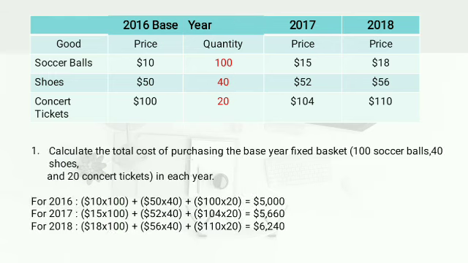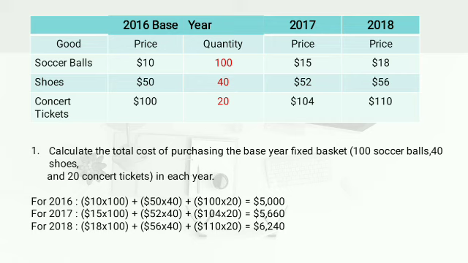Next is the example question. Calculate the total cost of purchasing the fixed base basket of 100 soccer balls, 40 pairs of shoes, and 20 concert tickets in each year.